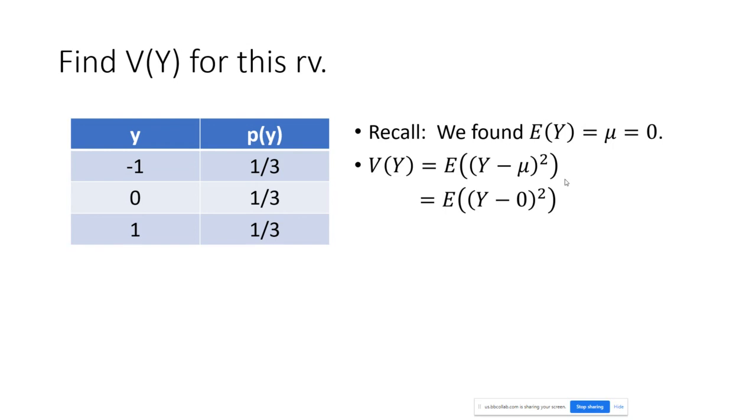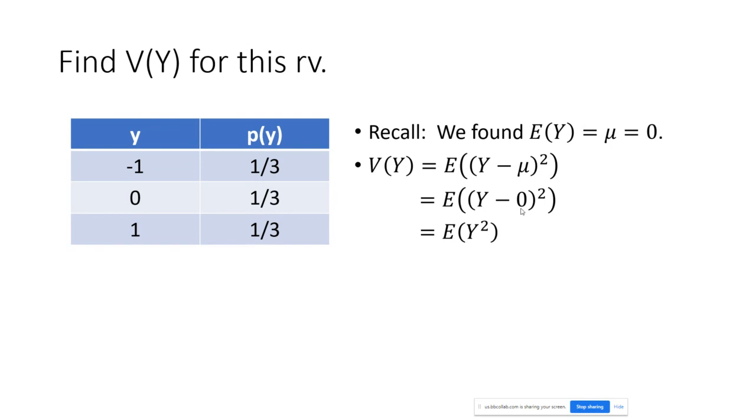So if we plug in 0 for mu, we get the expected value of the quantity y minus 0, quantity squared. So that's the expected value of y squared. Anybody have in their notes from yesterday what that was?